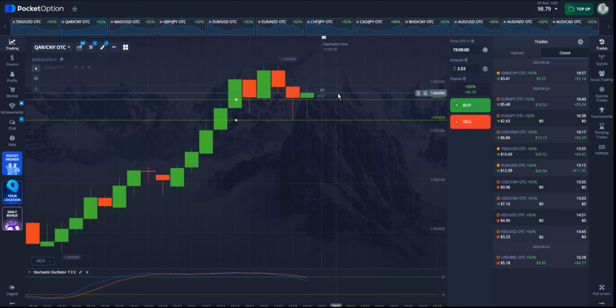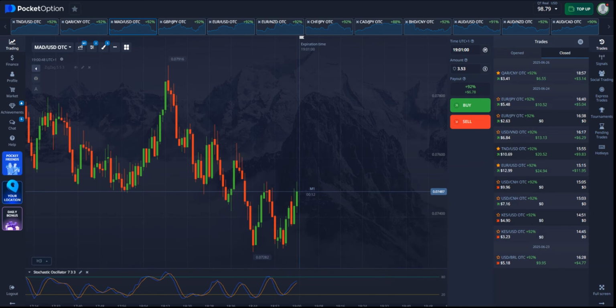I use it to filter my entries because I may end up losing this trade if stochastic is giving a downtrend and I'm pressing a buy here. See, this ended up being a green candle. If you look at this, we have a double bottom.